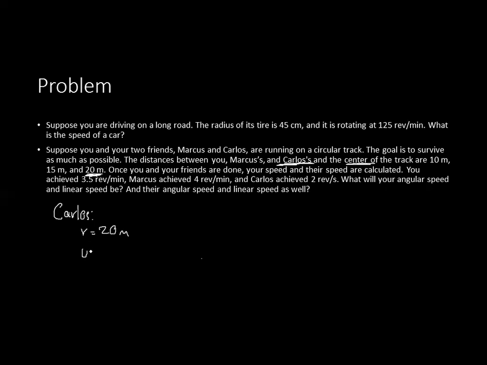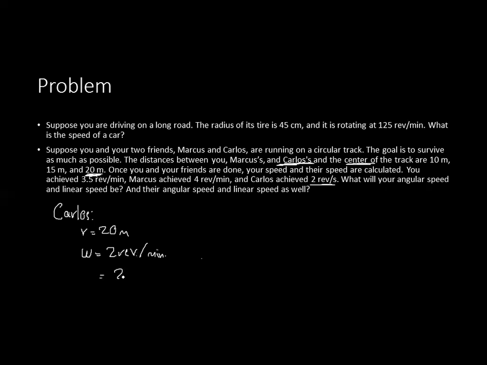Then, yeah, his angular speed is 2 revolutions per minute, not second. That's so unrealistic. Unless he's the Flash, if you know what I mean, or Sonic the Hedgehog. But yeah, 2 revolutions per minute.